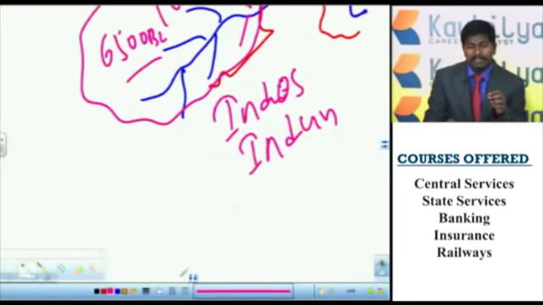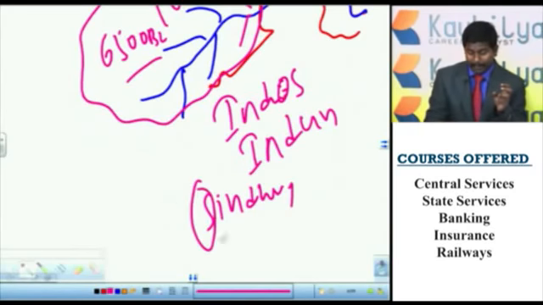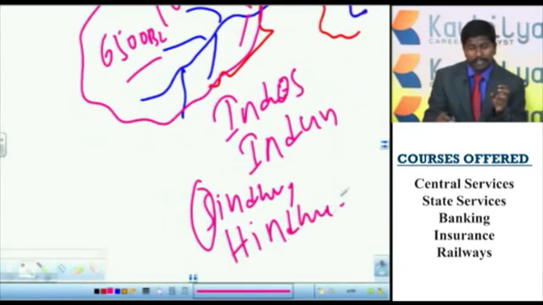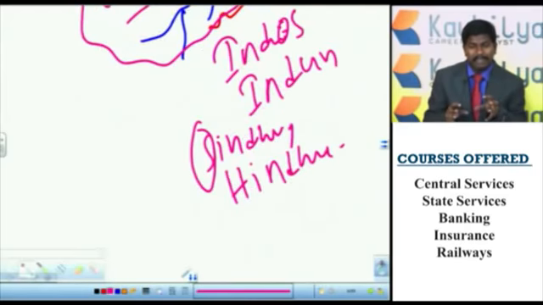Then when Persians came to this land, they called it as Sindhu, the people belonging to Sindhu, and Persians, because they could not pronounce S, they pronounced S as H. So instead of Sindhu, they used to call it as Hindu. In that way, later the Indus name gradually changed into Hindu, and later they called it as Hindustan.